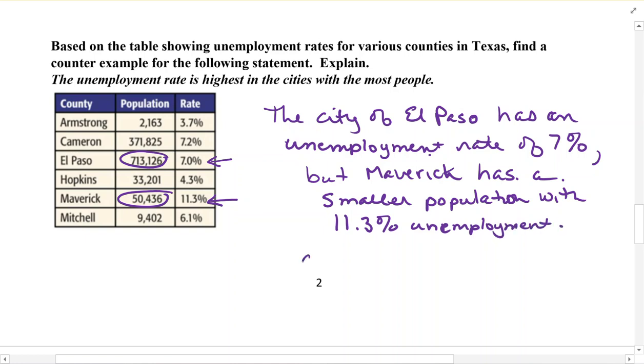And this is our counterexample to the statement that the unemployment rate is highest in the cities with the most people. And that concludes our lesson of 2.1.